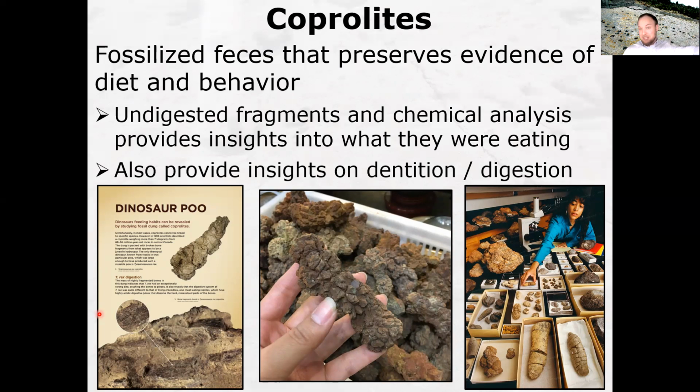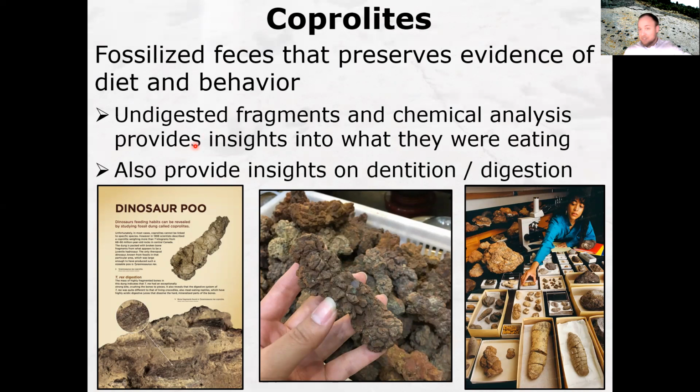They've been dried out for at least 66 million years, and they've been fully, completely replaced by rock, so it's not actually poop anymore. But if you look at the undigested fragments and perform chemical analysis, you can narrow down what they were eating.